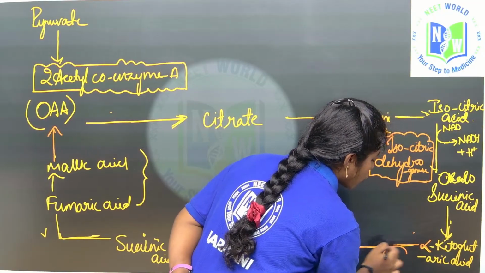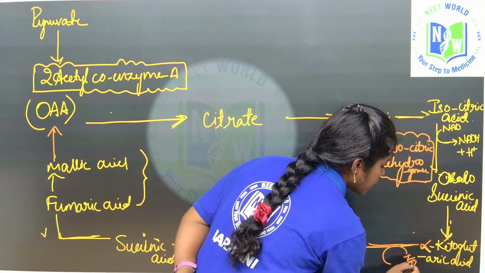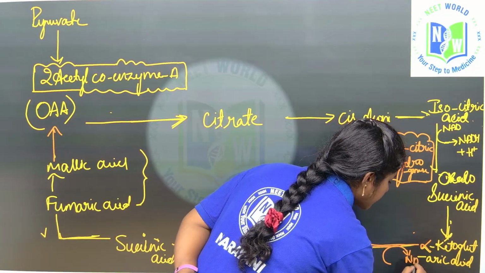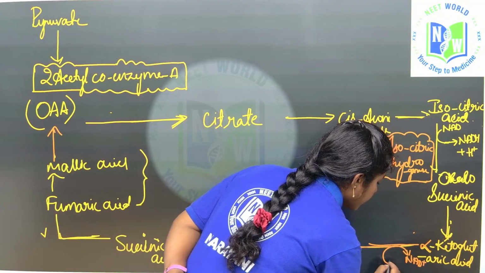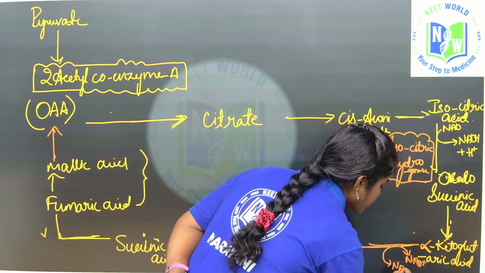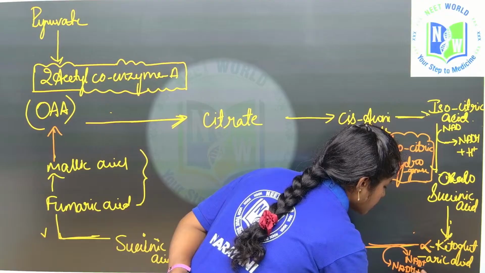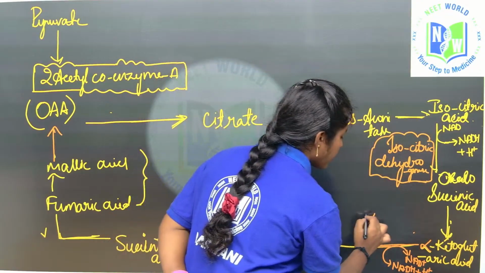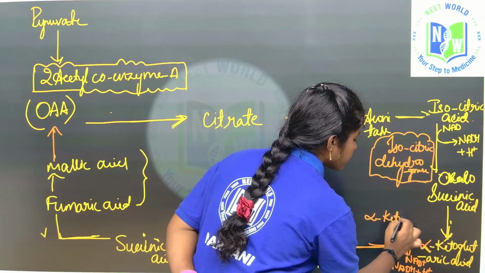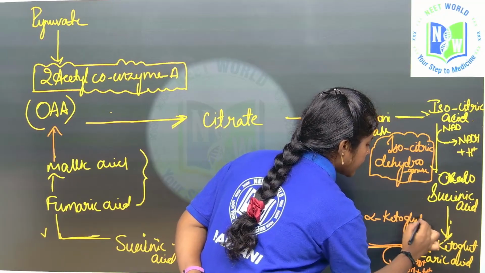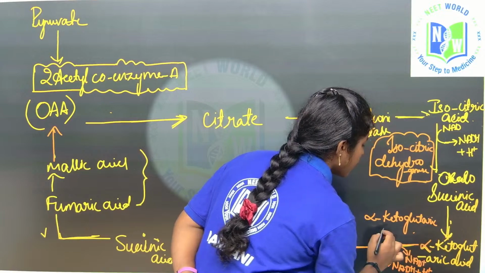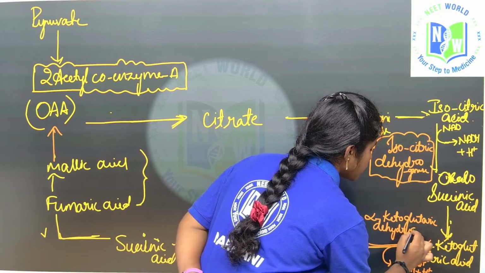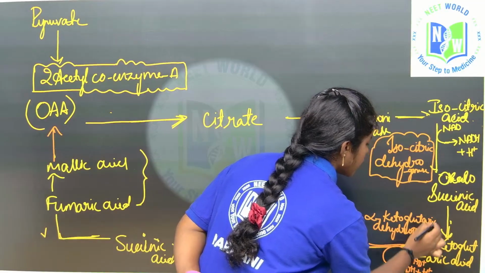I said in the four corners there is a release of reducing equivalents, right? NAD plus is reduced to NADH plus H plus. The enzyme acting is alpha ketoglutaric dehydrogenase enzyme.